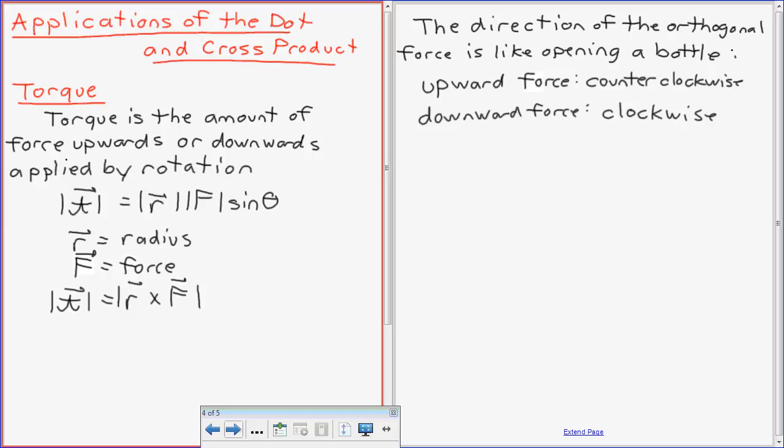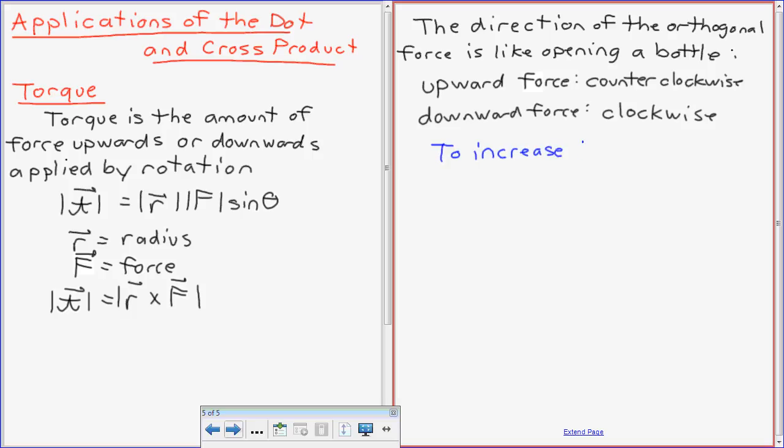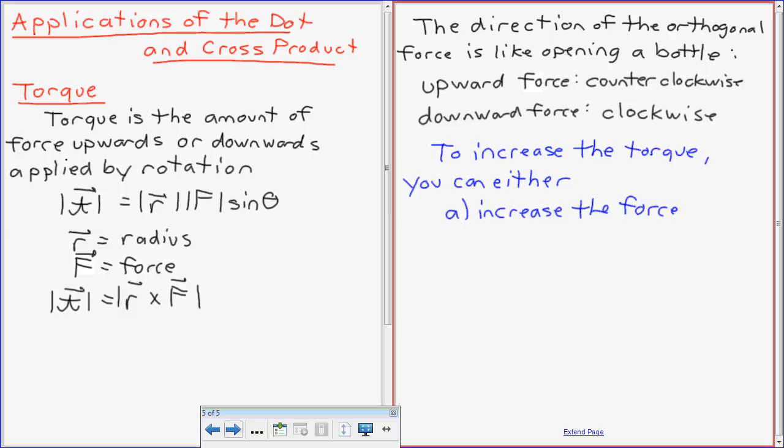The other thing we're going to say is to increase the torque, you can either A, increase the force. When I was trying to open up Michael's bottle there, I wasn't getting enough force.